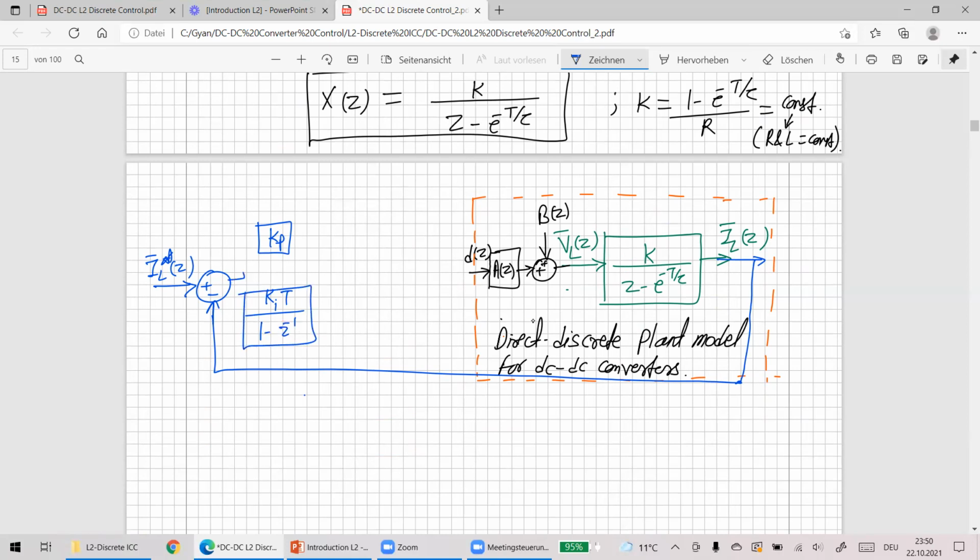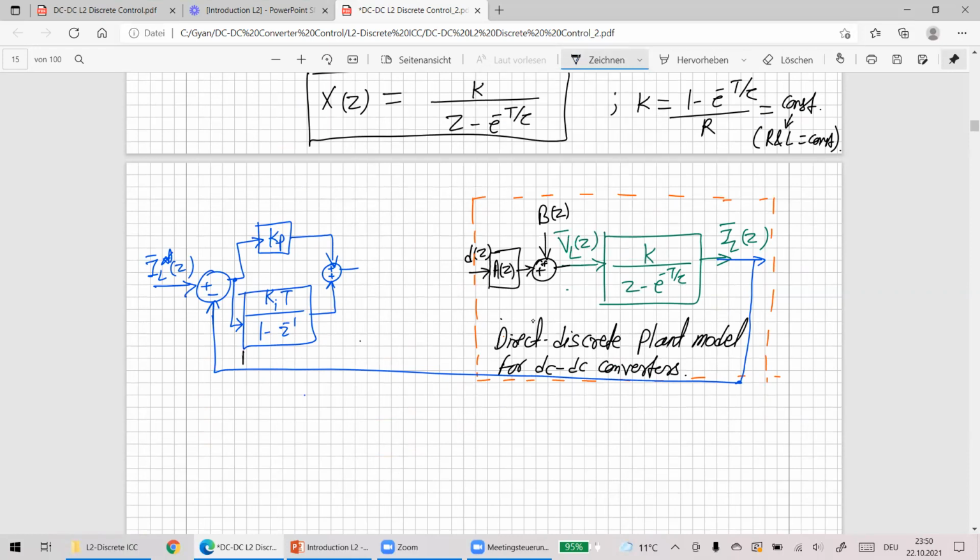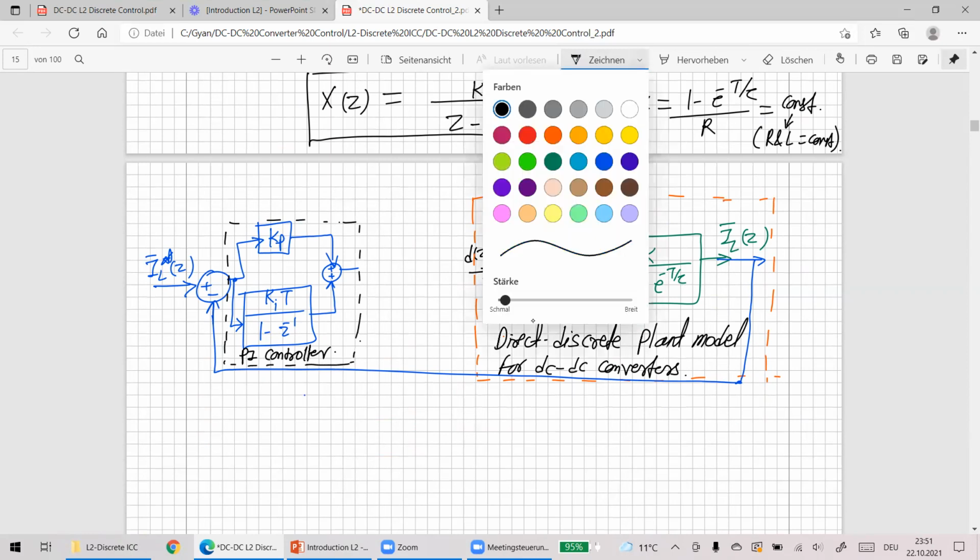This is your P gain, and this is your integrator gain, and we add both. So this is our PI controller.